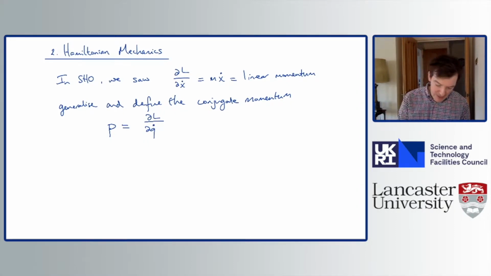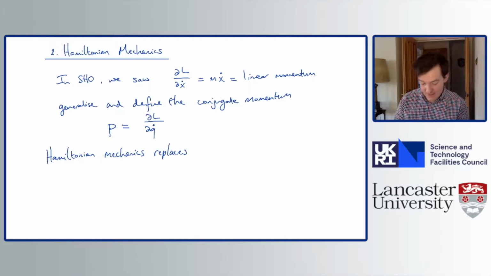Now, what happens in Hamiltonian mechanics? Hamiltonian mechanics does something very important. It replaces the time derivative of my coordinate q everywhere with P. So q dot does not enter into Hamiltonian mechanics.